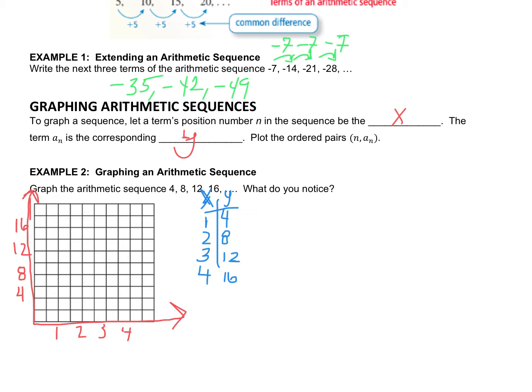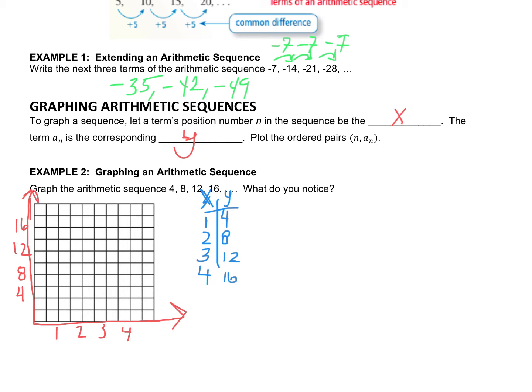So I'm going to set up my graph with just the first quadrant because in this case we only would see positive positions going forward. I've skipped a block each time on the x-axis to get 1, 2, 3, and 4 a little bit spaced out so it's not crunched.